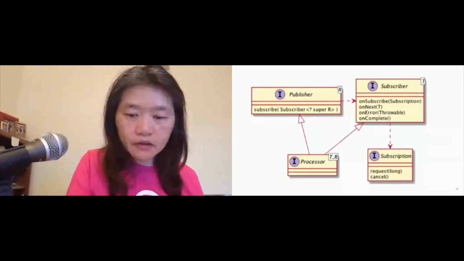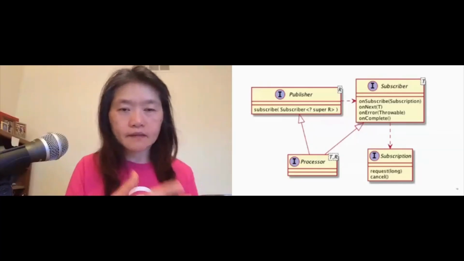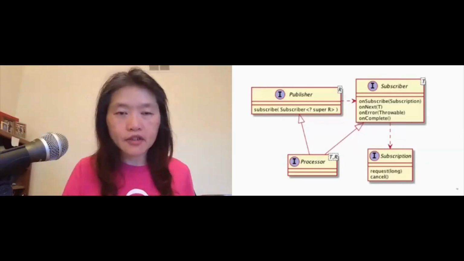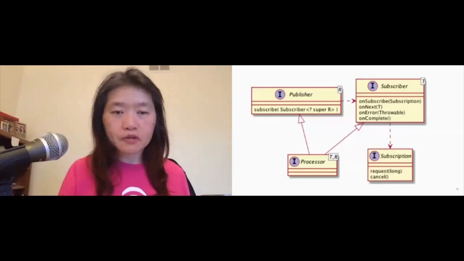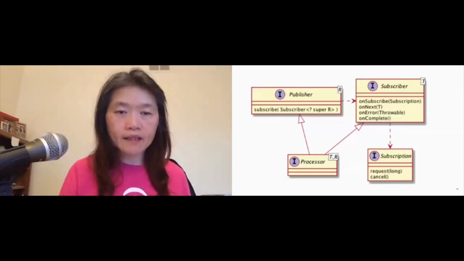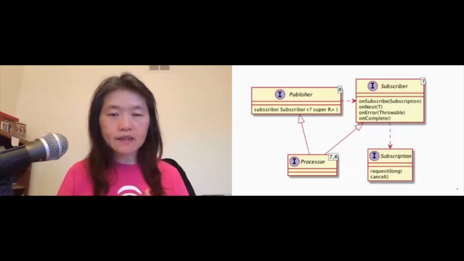A little bit closer to that would be these particular interfaces that I can show you. There's the publisher, and it has a subscribe method, and then the subscriber has onSubscribe, onNext, onError, onComplete. Now the subscription interface is a bit more abstract.